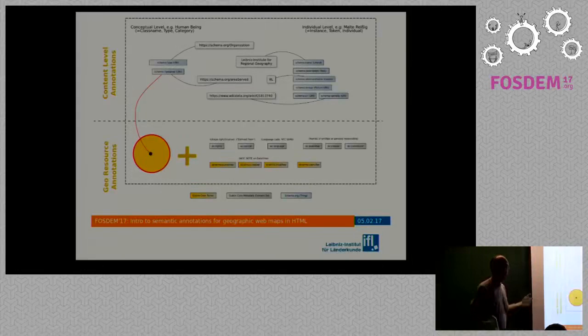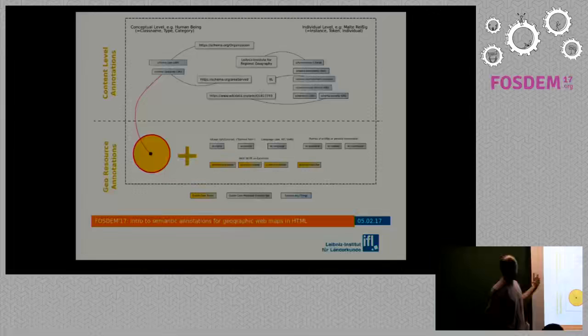Dublin Core is kind of an old established metadata standard to annotate any kind of information resource. So it just contains very basic terms to describe data sets or data entries. So overall, this is the 20 terms or so which I propose to annotate a web map element with.